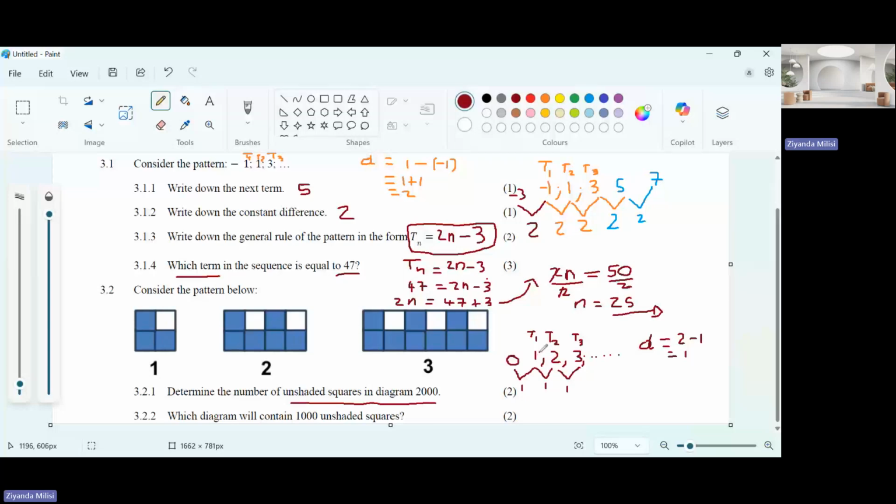Then, because we'll need to work out the general formula, our general formula is going to be Tn is equal to the number that came before, what is it?